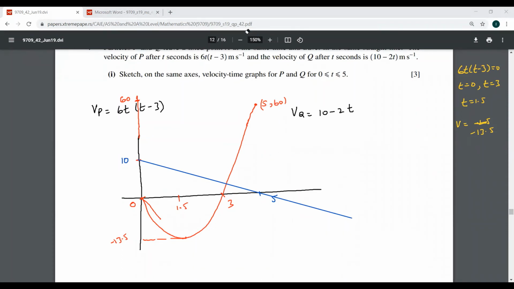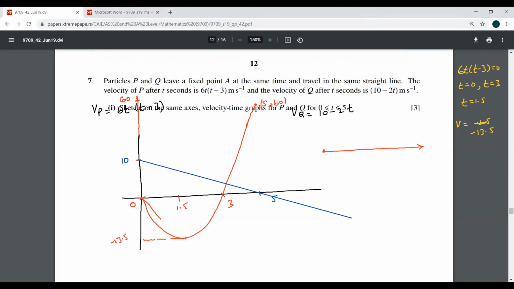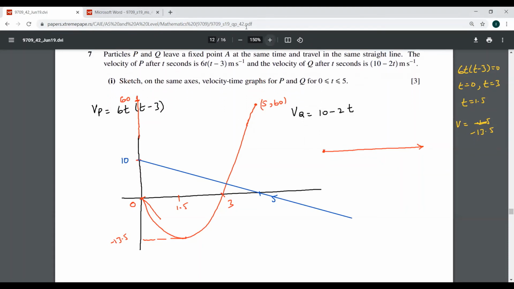They started from the same point, okay? And suppose they started from here, and this is the direction in which they are supposed to go. Have they given us any starting point here? Yeah, the fixed point A. They started from the fixed point A. So guys, you have to realize that P is going in an opposite direction.